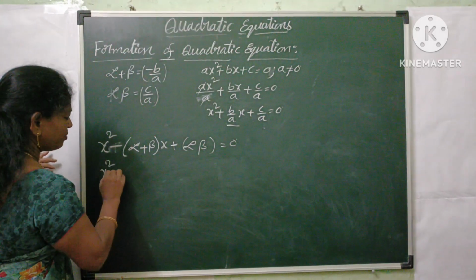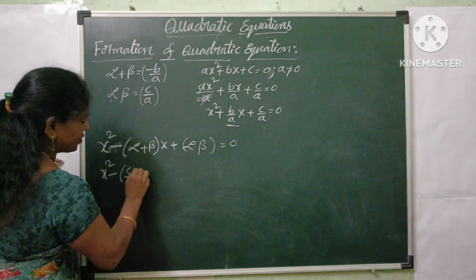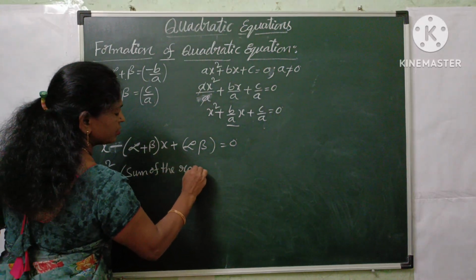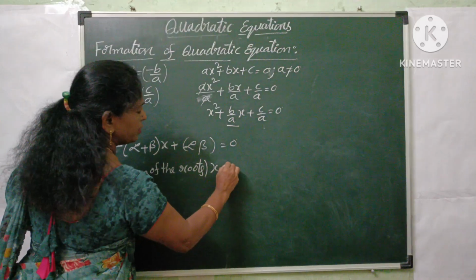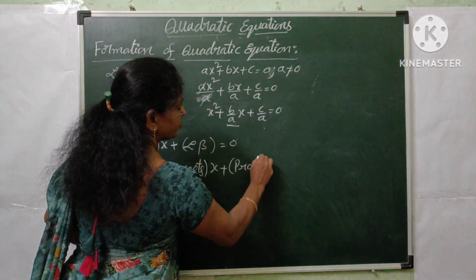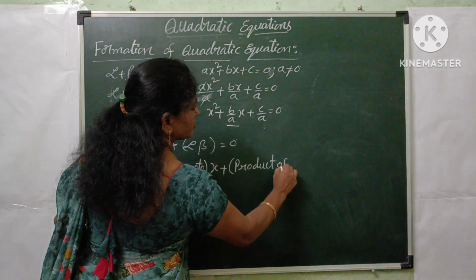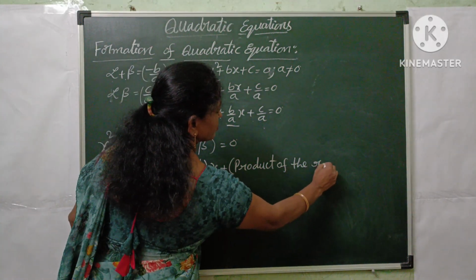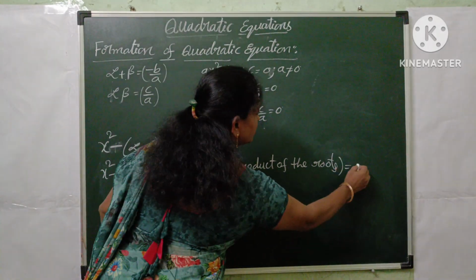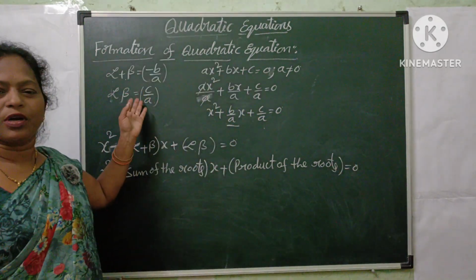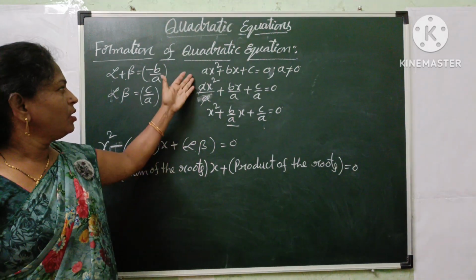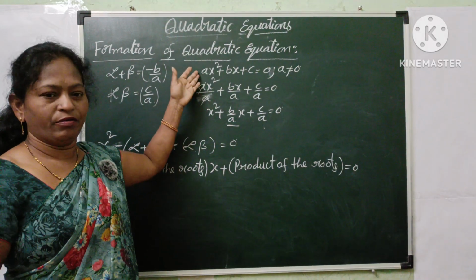So x square minus sum of the roots into x plus product of the roots equal to 0. When they are giving the sum of the roots and product of the roots, we have to form the equation with the x square coefficient being 1.